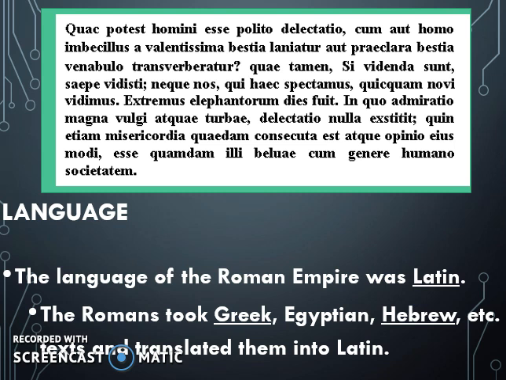one at a time. We'll start with language. The language of the Roman Empire was Latin. This is what was spoken all over the empire. The Romans took Greek, Egyptian, Hebrew, many different texts and translated them all into Latin.